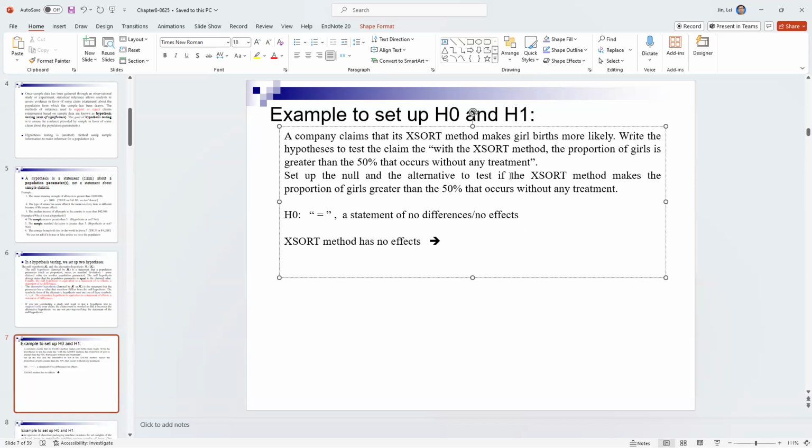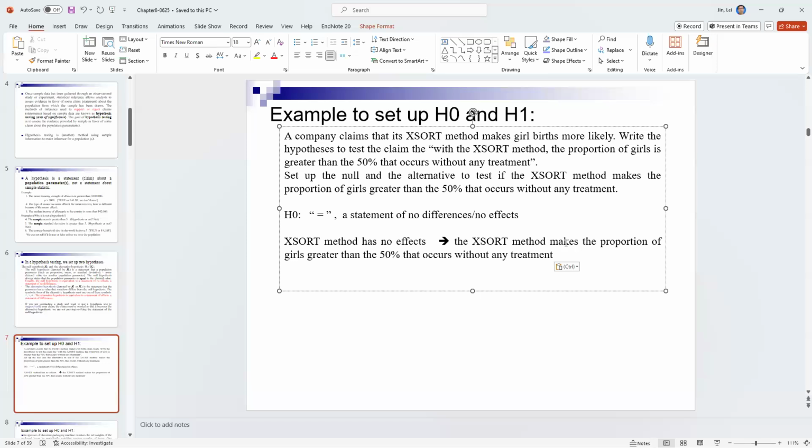It is equivalent to: the XOR method makes the proportion of girl births after the treatment still 50%. Are those two statements the same?